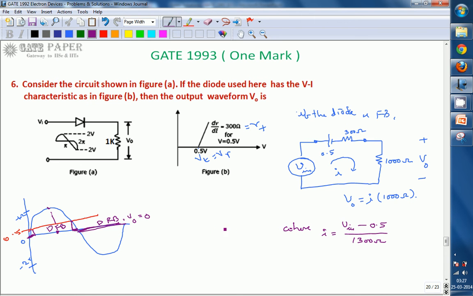So when V input is 2 volts, the value of I is going to be maximum.